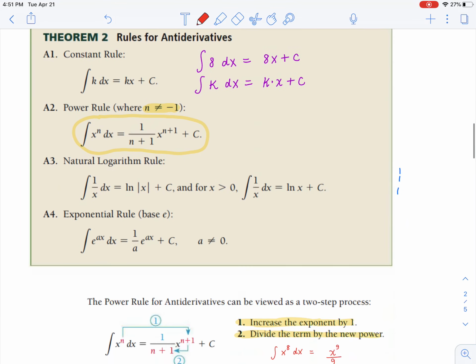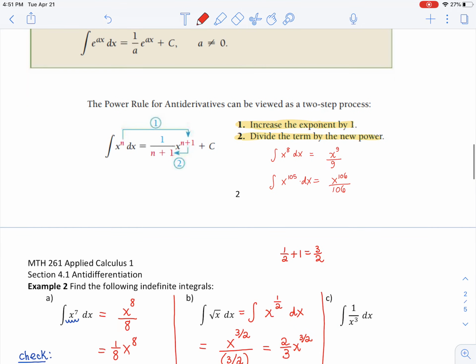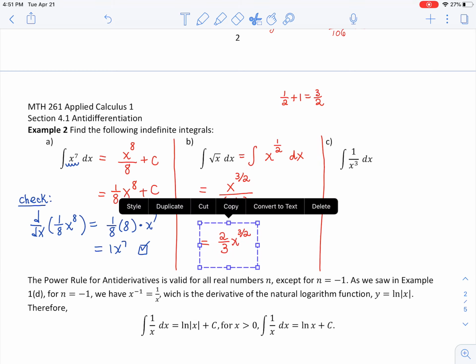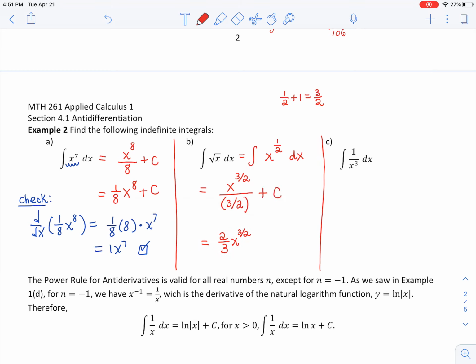Now, but I'm making a very bad mistake. I don't know if you caught it. I've been being so bad recently. Look, what did I forget? I forgot about my constant of integration, okay? So what I want you to do is go back to your notes and stick that plus c everywhere for me. I forgot about these plus c's.